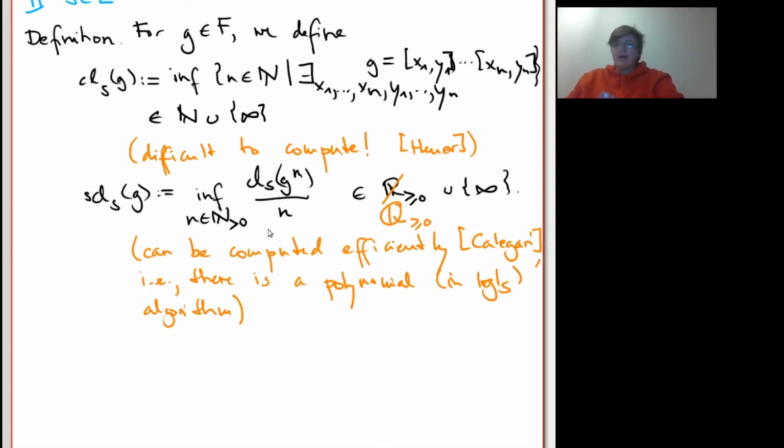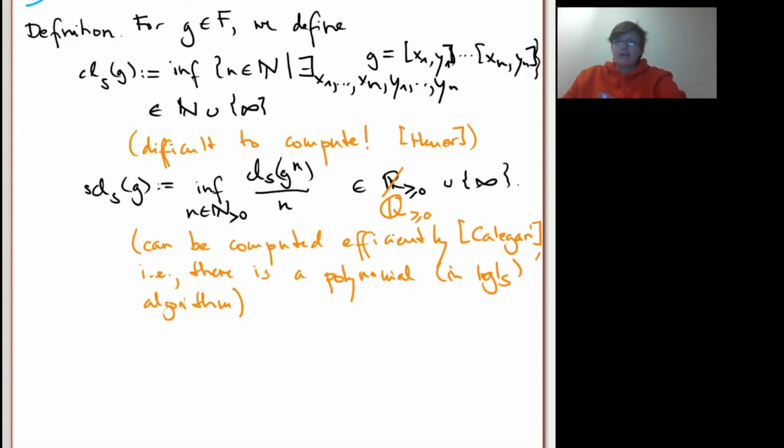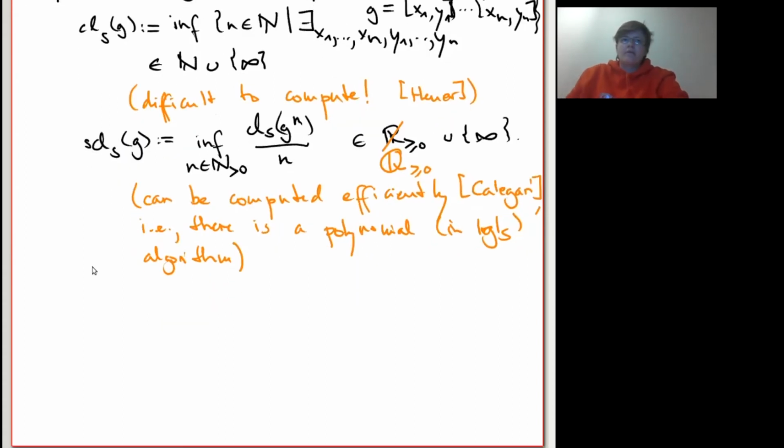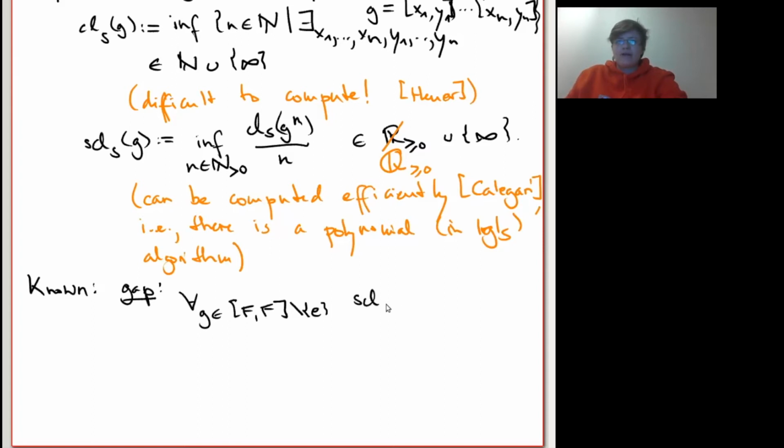There are lots of things known about this now, and I think most of it is due to Calegari, or at least initiated by him. For example, what is known is that there is a gap, meaning that for all non-trivial elements in the commutator subgroup, the stable commutator length of g is at least 1/2.